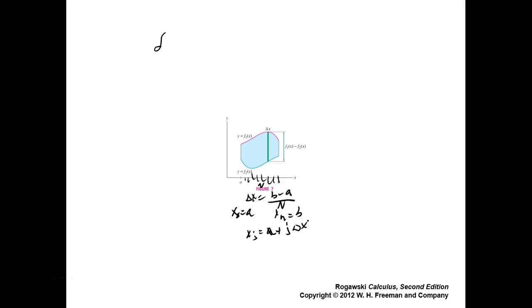Because every one of the increments is delta x, you start at the a point, and then add however many it takes, j times the thickness delta x, to get you there. This divides the lamina into n vertical strips, and that's what we're seeing here.